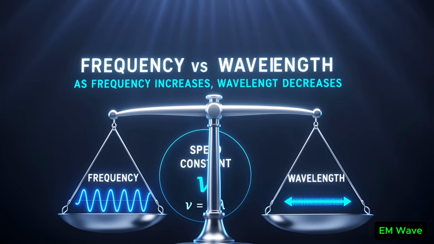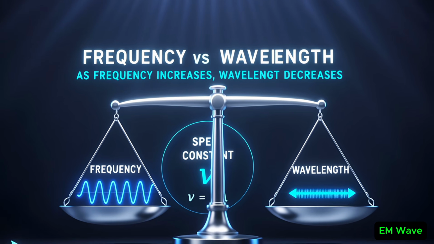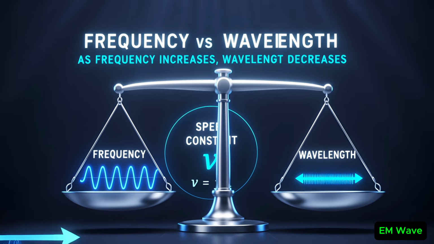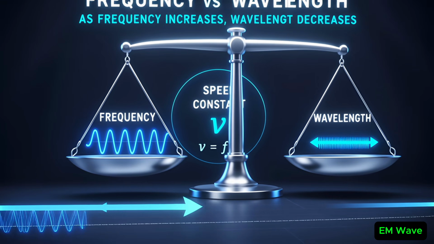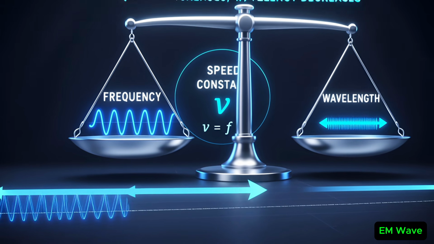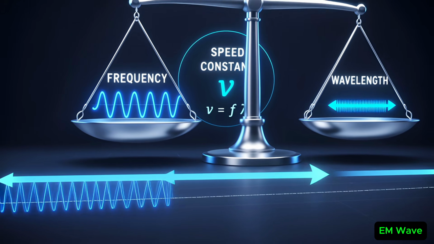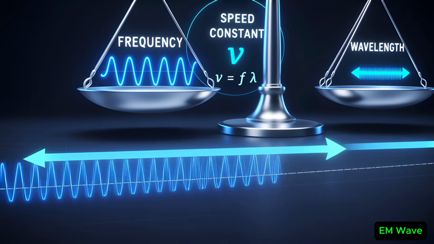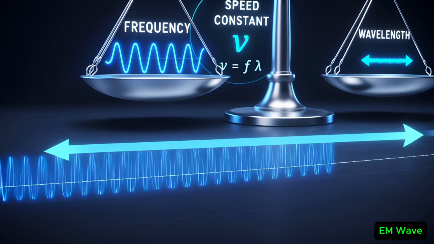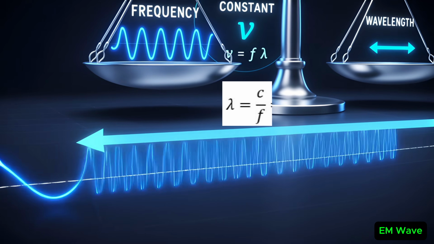Wavelength and frequency are connected by one of the most important equations in electromagnetics. The speed of light equals frequency multiplied by wavelength.